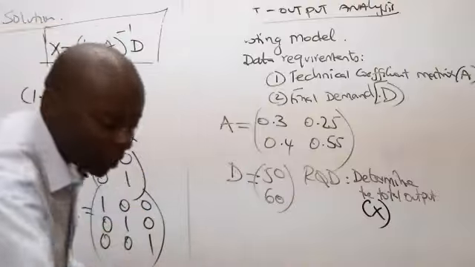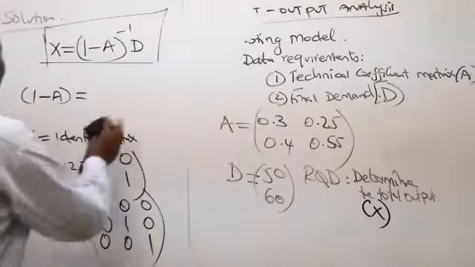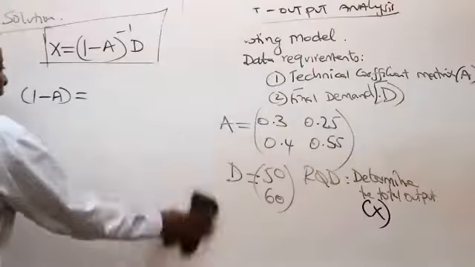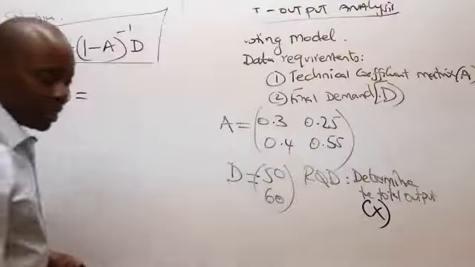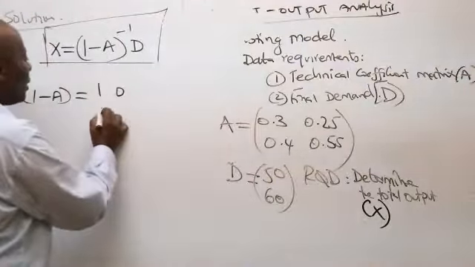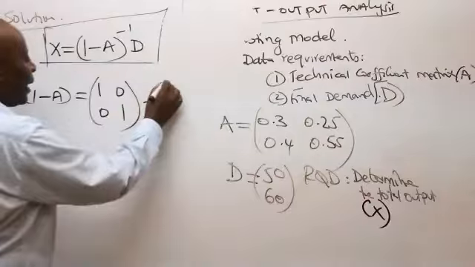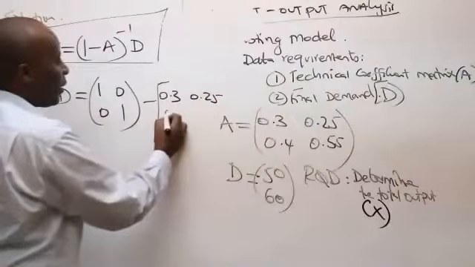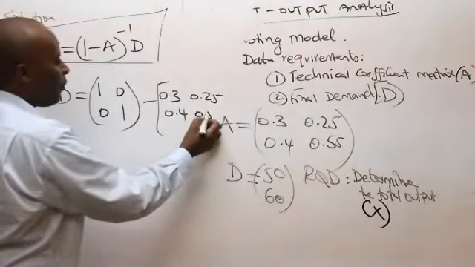So what I'll do, ladies and gentlemen, I'll come and see here, I minus A, and I can see what my I is. My I is 1, 0, 0, 1, like that. Minus A which is 0.3, 0.25, 0.4, 0.55.